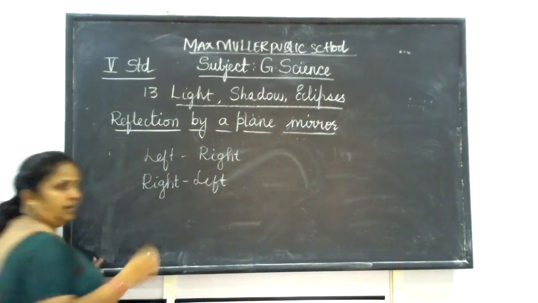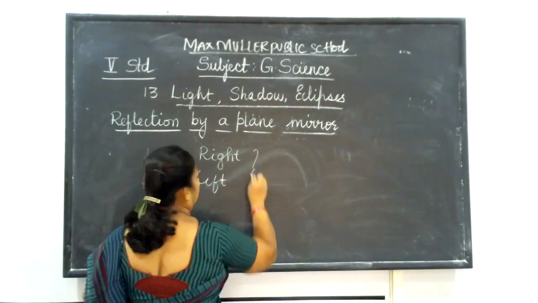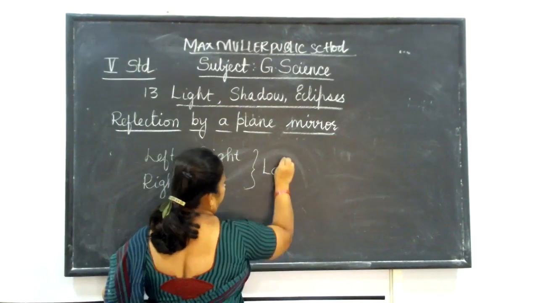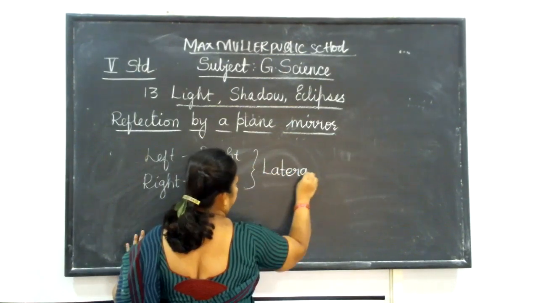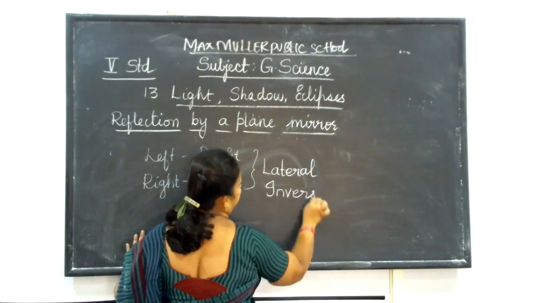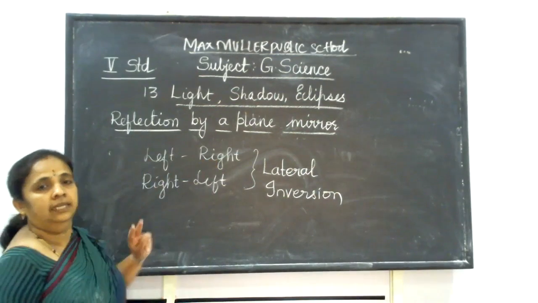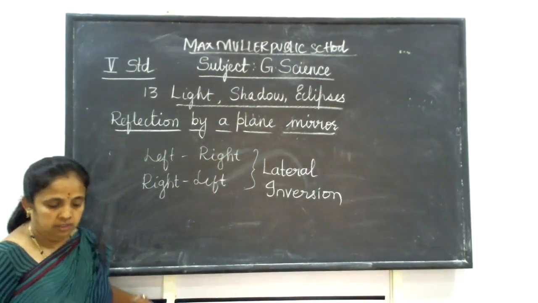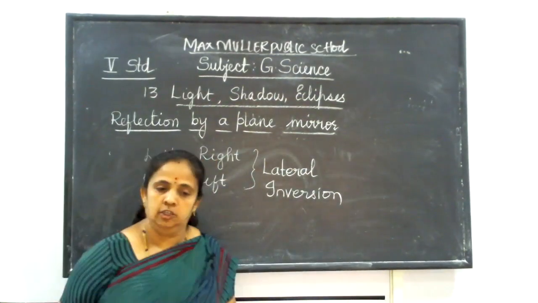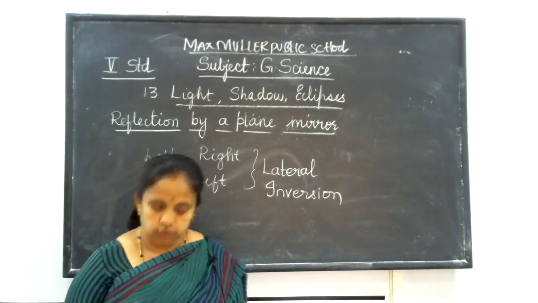So this opposite formation of the image in the mirror is called lateral inversion. Inversion is ulta, invert. Okay, it is called lateral inversion. Got it? So why is that? As I said, because the image will be formed in the opposite direction of the source of light.